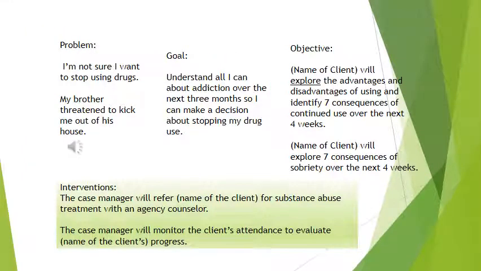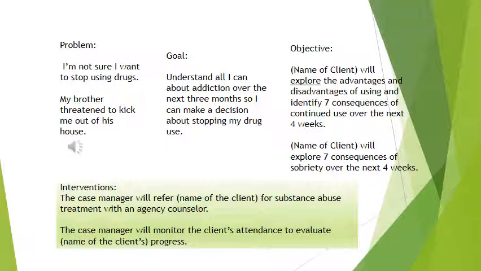If we go back to the example that we've been using throughout this lesson, we can now add interventions because we have a stated problem, we have the identified goal, and we have the SMART objectives. So to help the client reach those objectives so they will eventually reach their goal, a case manager might talk to the client about referring the client for substance abuse treatment with an agency counselor.